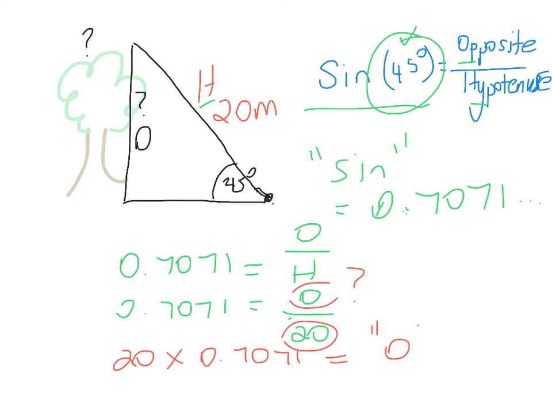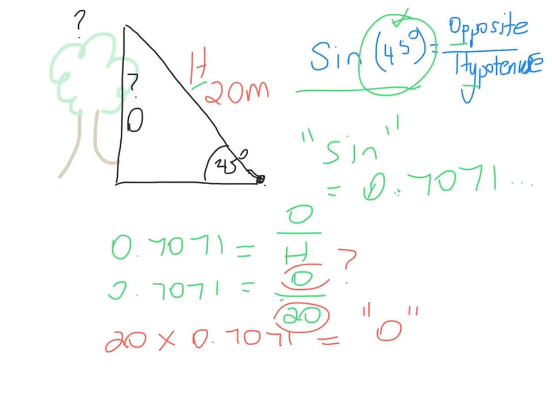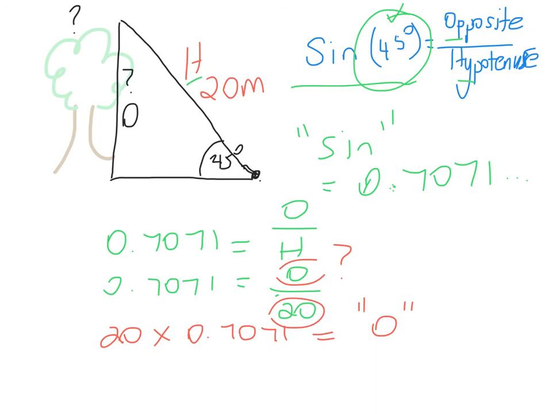Make sure I put that in there, so that means opposite. So 20 times 0.7071 equals, so opposite equals 14.14 metres. I've just rounded that off.